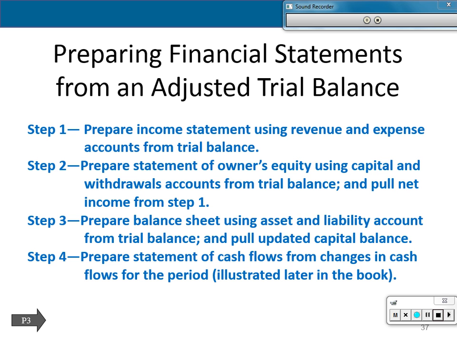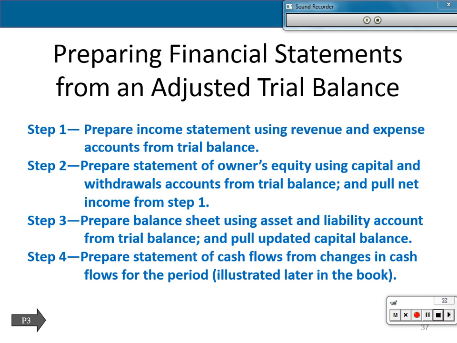So this is saying step one, and these statements are prepared in this order. They never change. You always do an income statement first, then you do a statement of owner's equity, then you do the balance sheet, and then you do the cash flow statement, because something comes from each of those statements to help you prepare the next one. So, income statement, you do revenues and expenses to find out what?